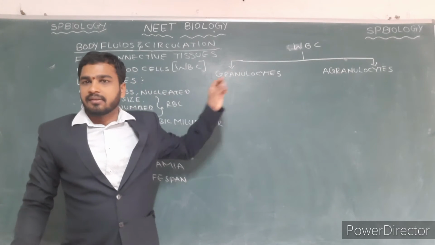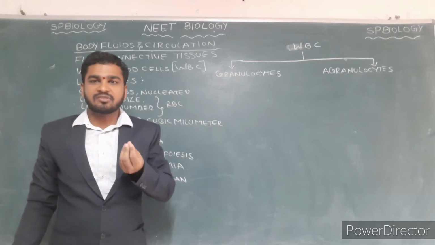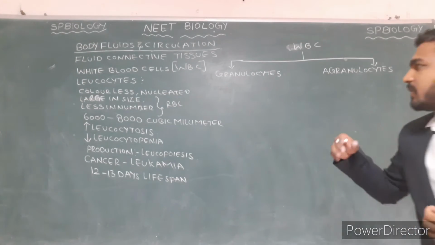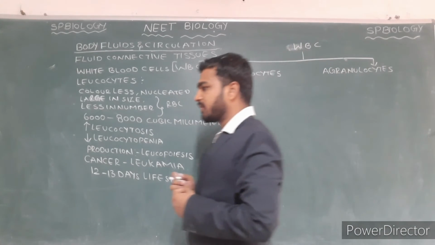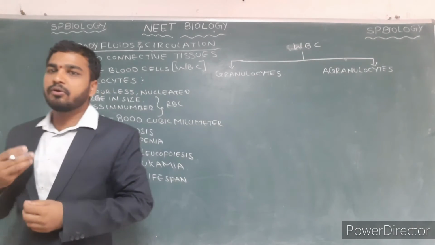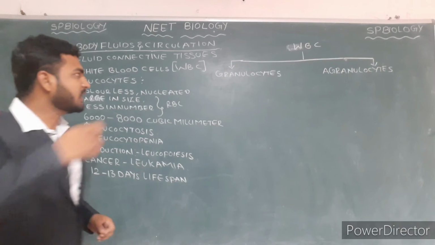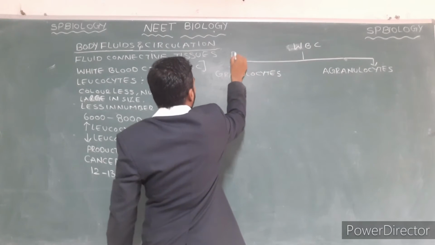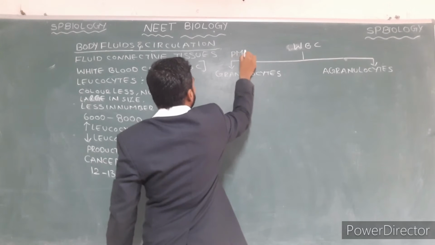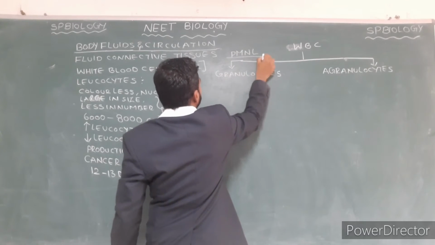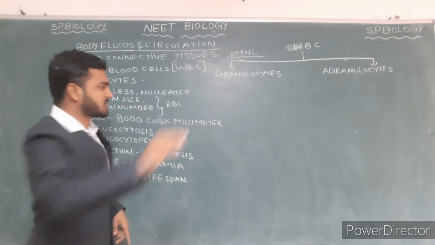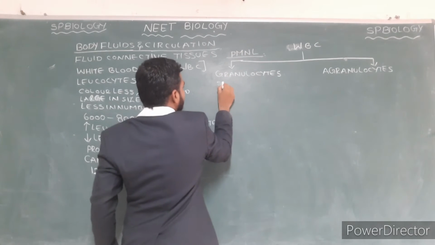Not only based on their cytoplasmic granules, the white blood cells are also divided based on the shape of the nucleus. That is the reason they are called polymorphonuclear leukocytes. In granulocytes, specific cytoplasmic granules are present.